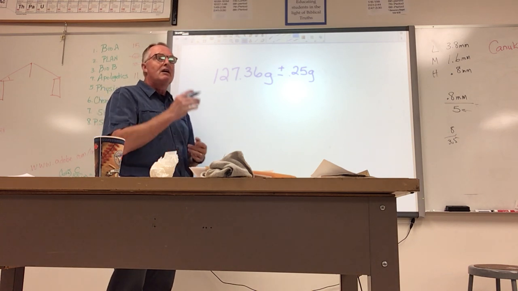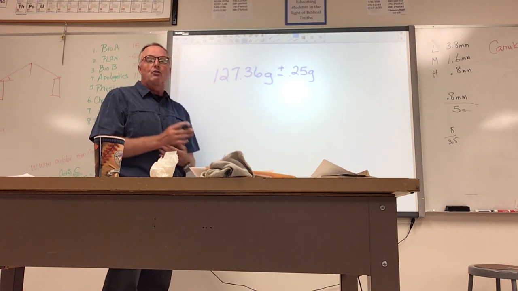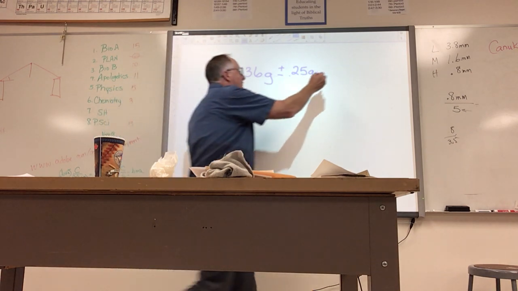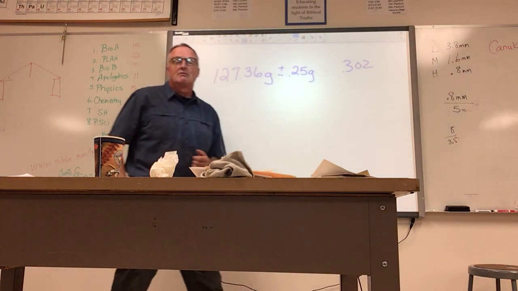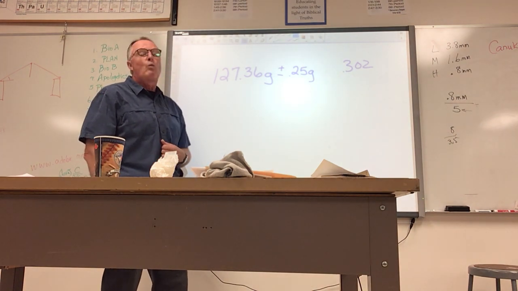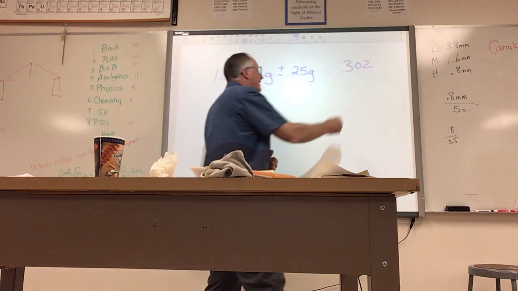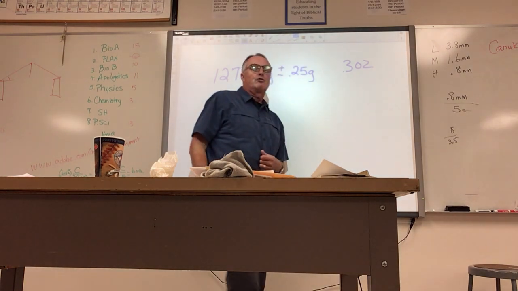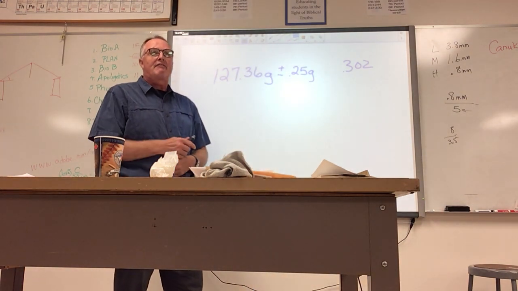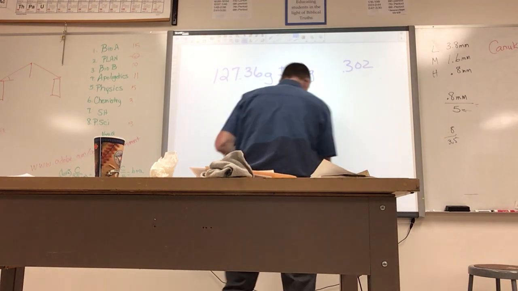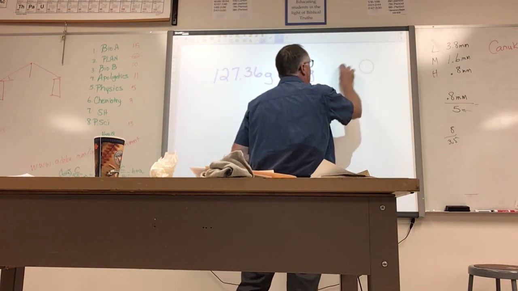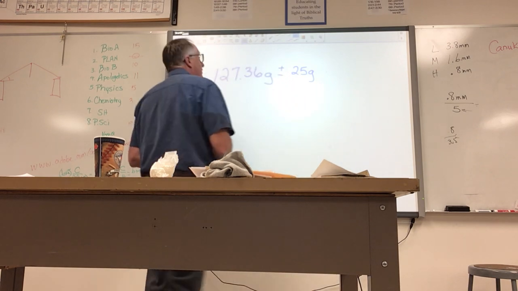So if you're batting a .302, it's 0.302, which is saying if Max was up to bat 1,000 times, he would get a hit 302 out of those times. That's the average that he's doing. It's a per mil because it's always in thousands. This is percent. There's only the 100.